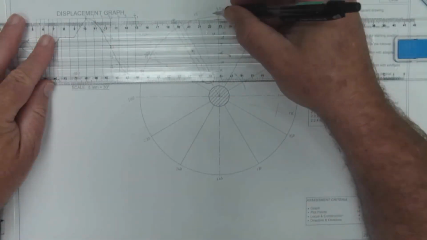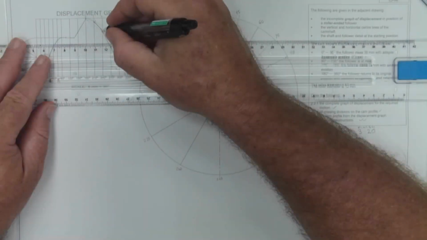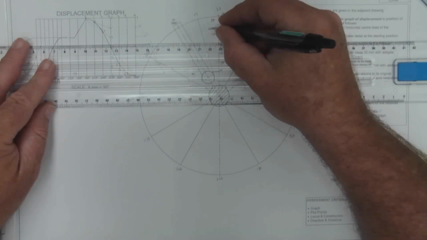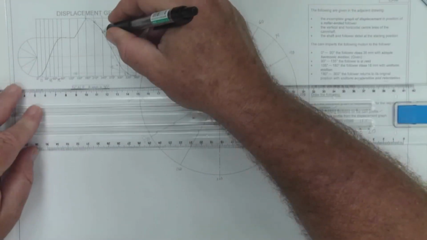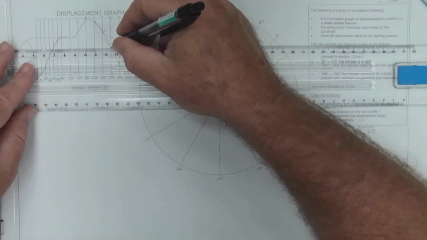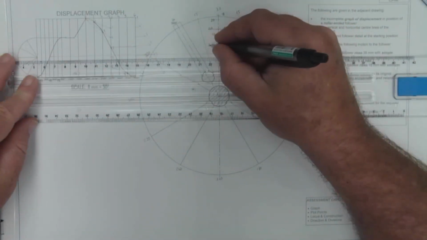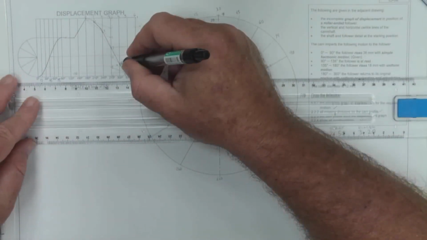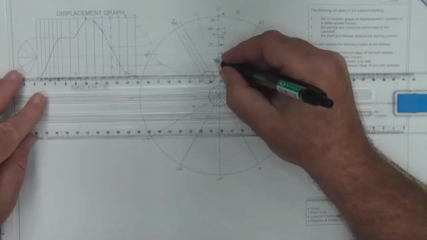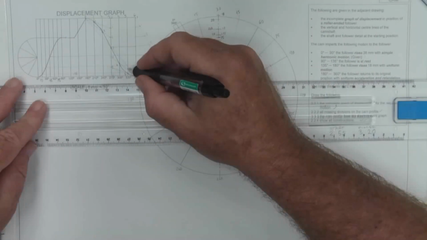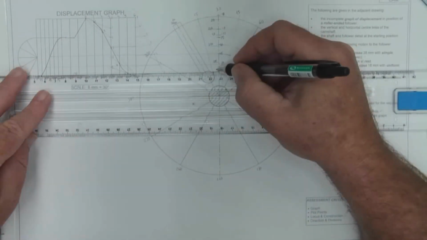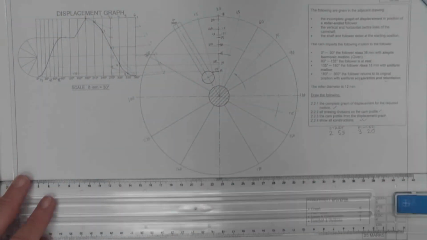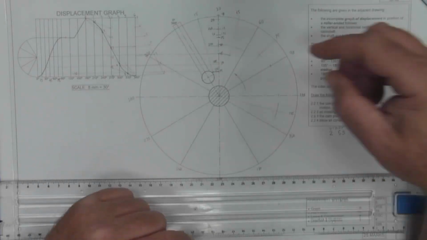There's 210. 240. 270. 300. 330. Okay, I want to project all of those around.